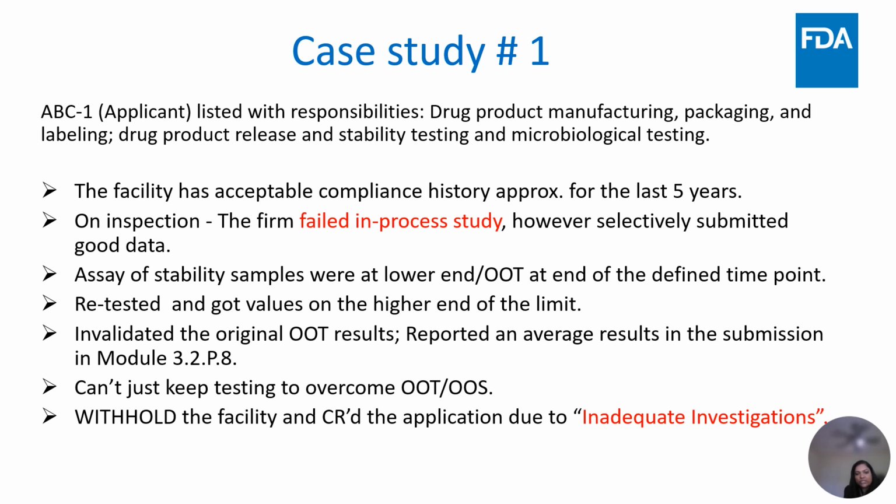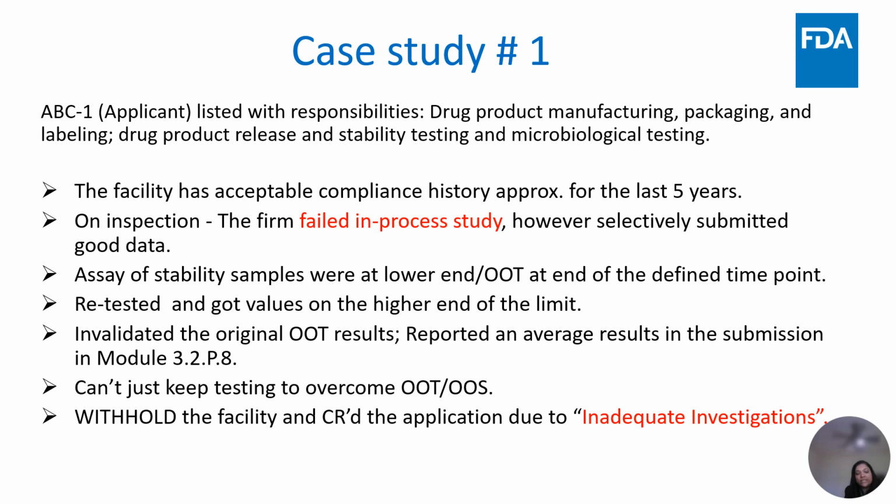Also, upon inspections, we revealed that the assay values on the lower side were out of trend at the end of the defined time points. The firm invalidated the original results, which were OOT on the lower side of the range, without having a scientifically sound root cause analysis. The firm did not investigate why the first values occurred on the low side.